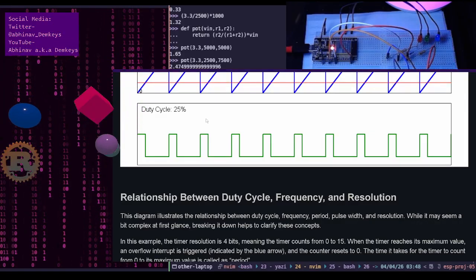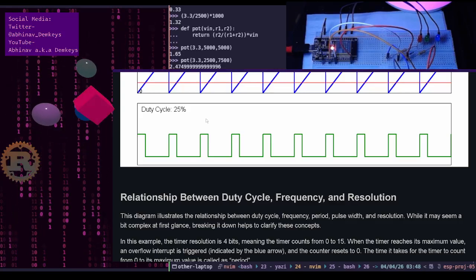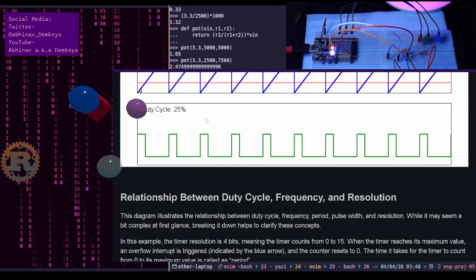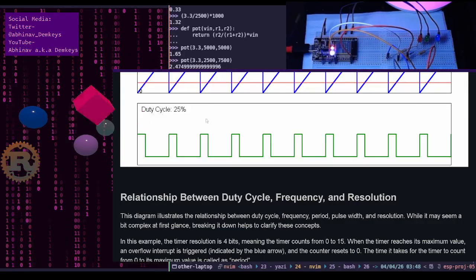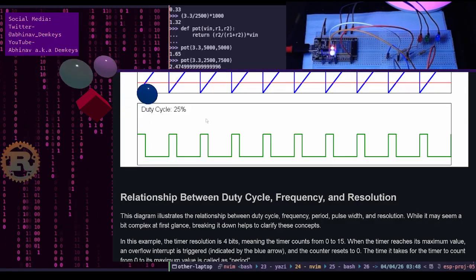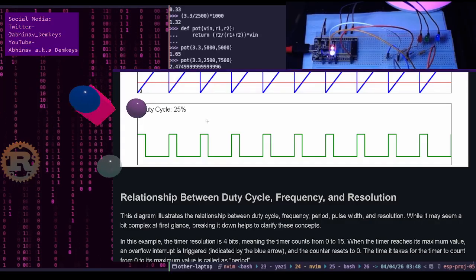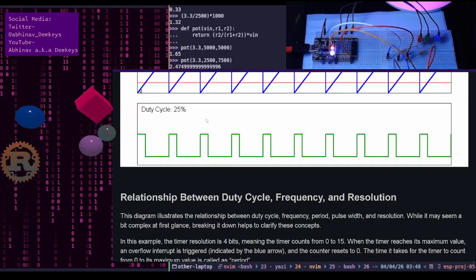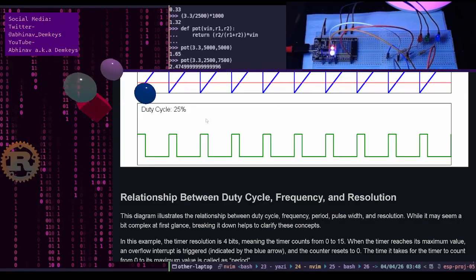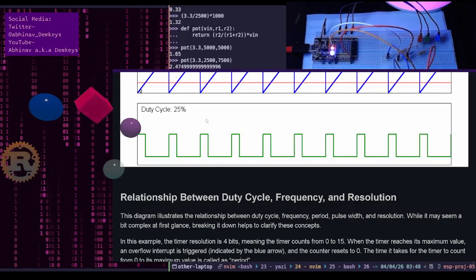Let's say it takes 0.5 seconds. The frequency, if each cycle takes 0.5 seconds, you will hear 2 beats per second, so 2 hertz. If you make the period longer, say 2 seconds, the frequency drops to only 0.5 beats per second.